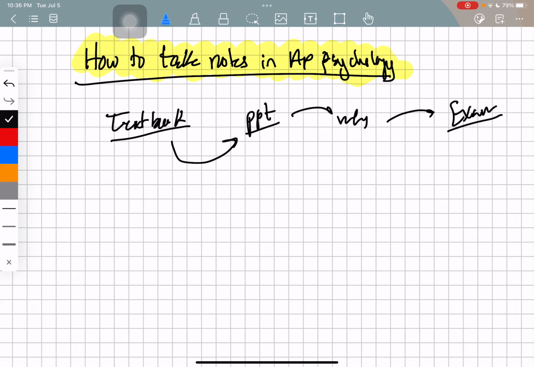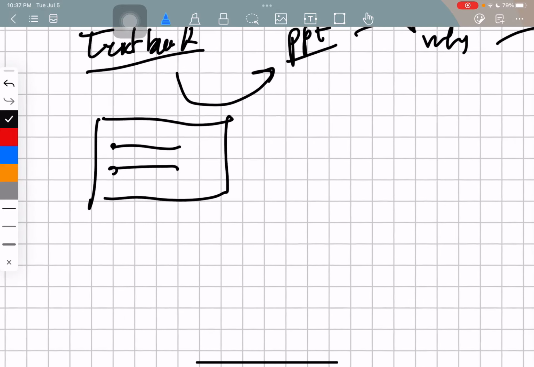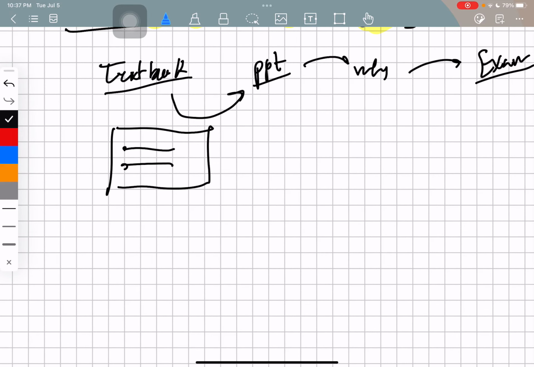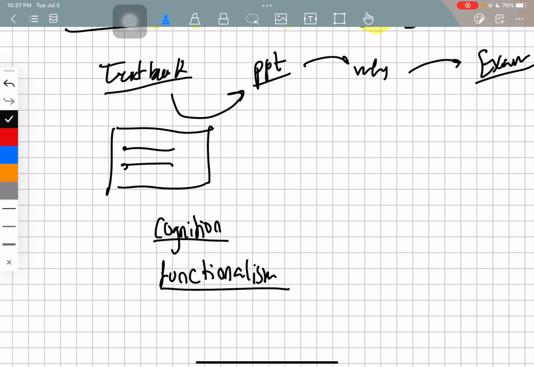One strategy I used: say I had a PowerPoint slide with a bunch of terms, for example cognition and functionalism.